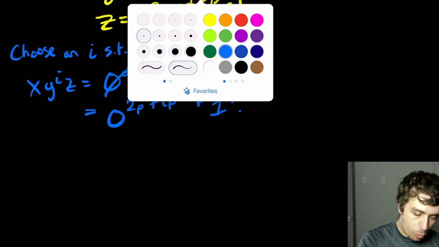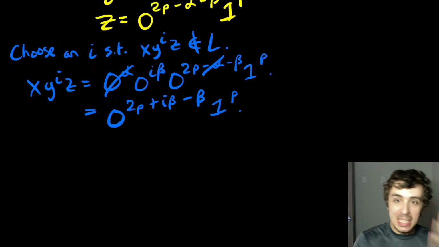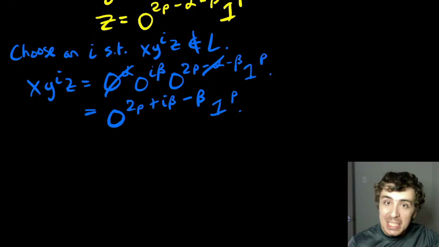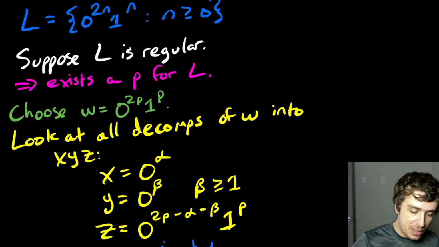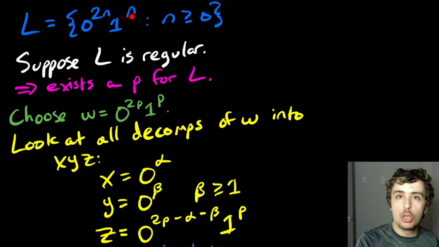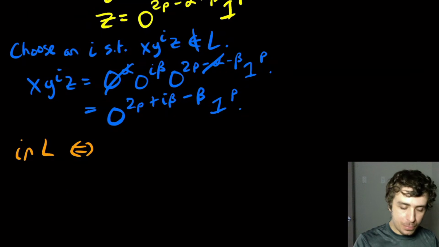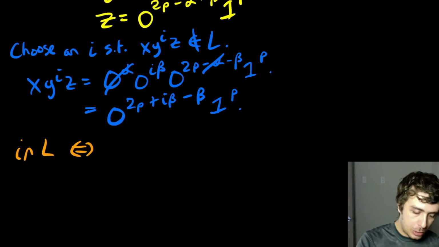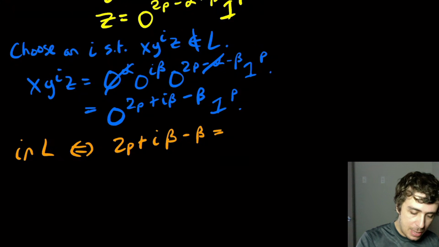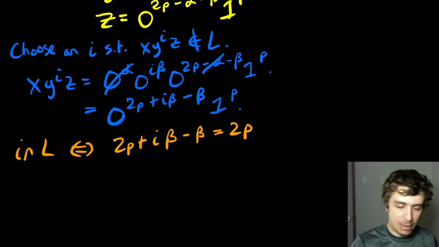Okay, so we want to see when this thing is in the language, so we can pick an i for which it isn't. Well, the language says that the number of zeros at the beginning is exactly twice the number of ones at the end. So 2 times the number of ones is equal to the number of zeros. So 2p plus i beta minus beta equals 2p. That's the condition to be in the language.